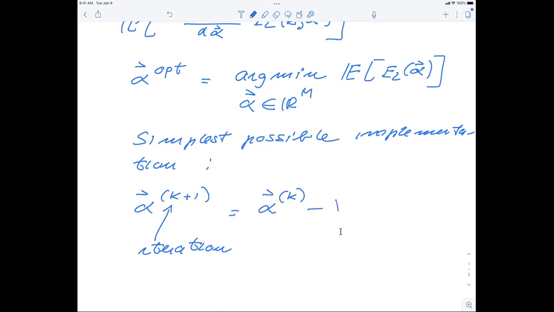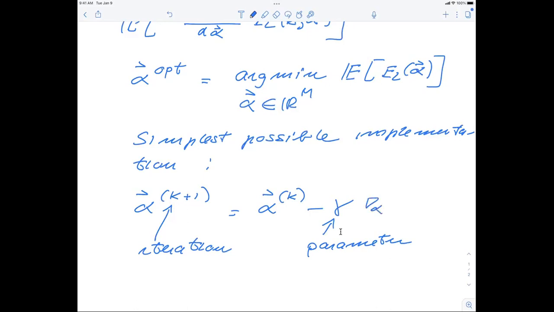And in this specific case, we replace the second derivative of the local energy with a parameter. This is just a parameter which we can tune in order to get the best possible evaluation of the parameters alpha.